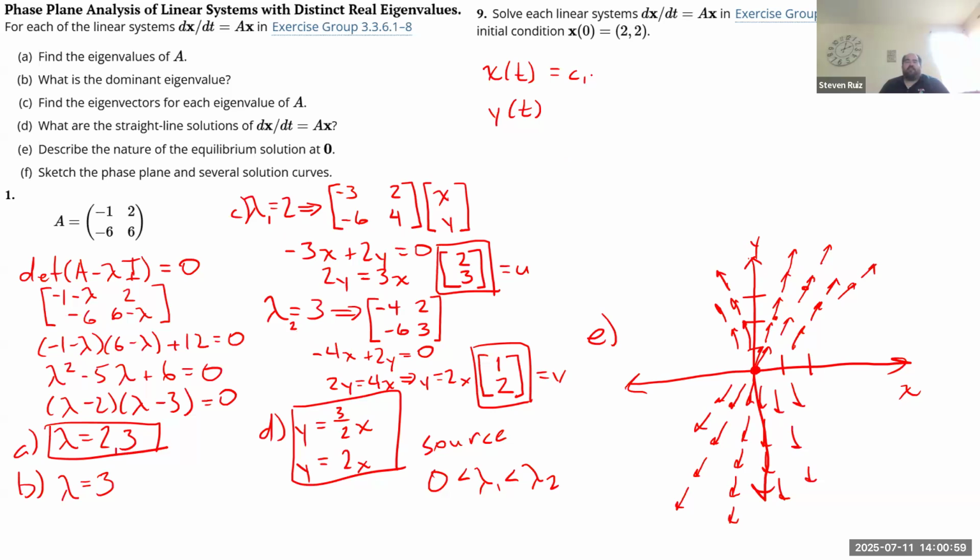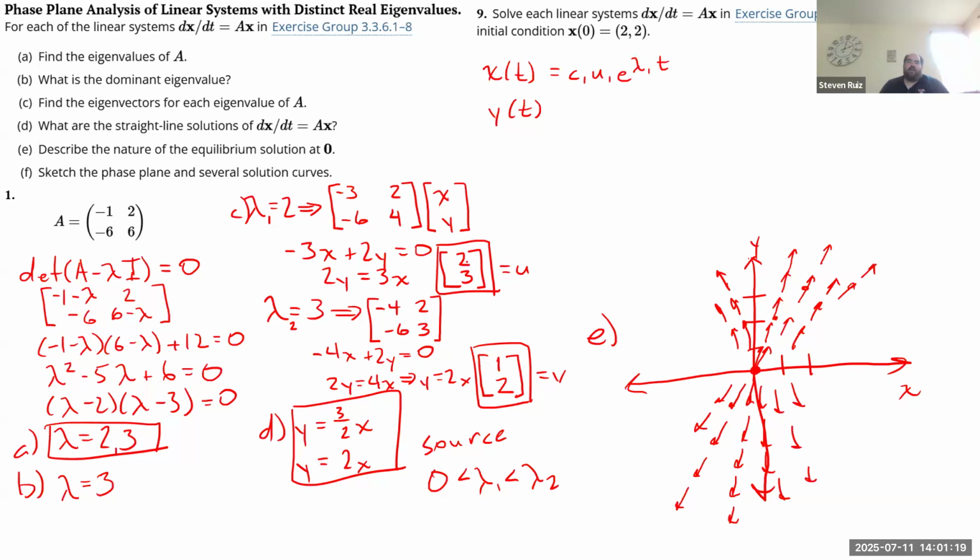So my x solution is going to incorporate the x coordinates of both my eigenvectors and both of my eigenvalues. So c1 times u1 times e to the lambda 1 t.